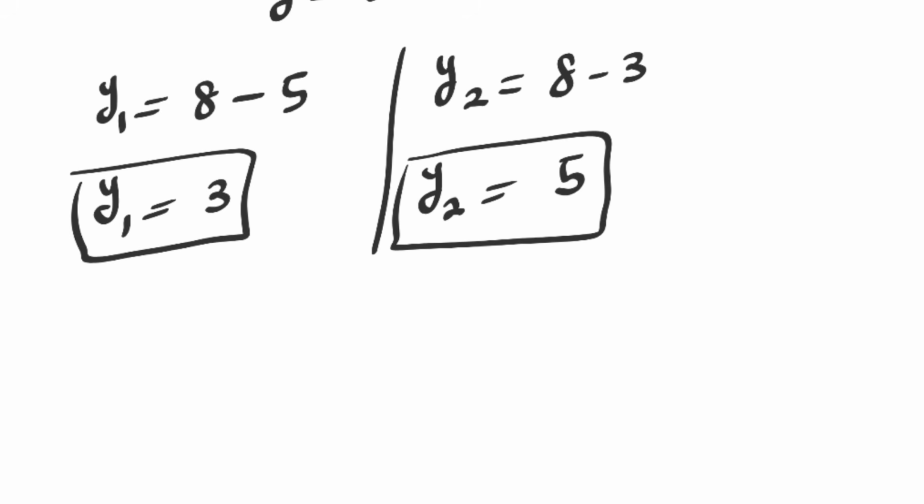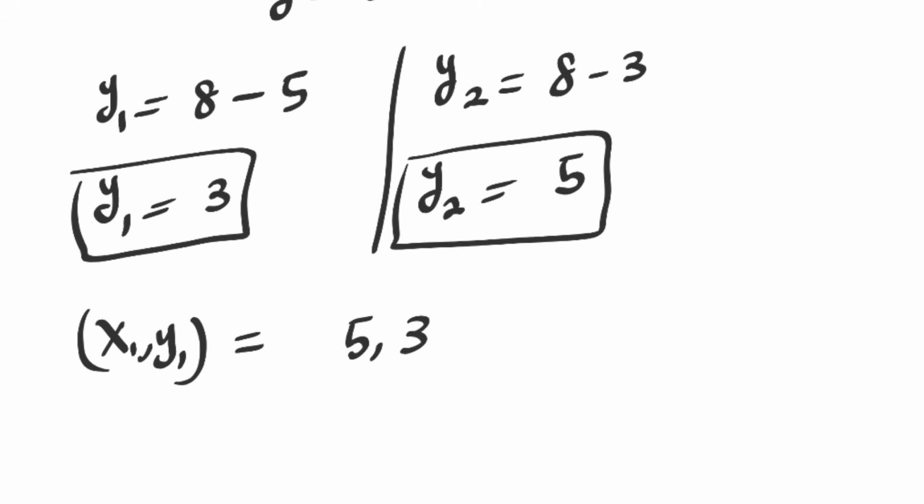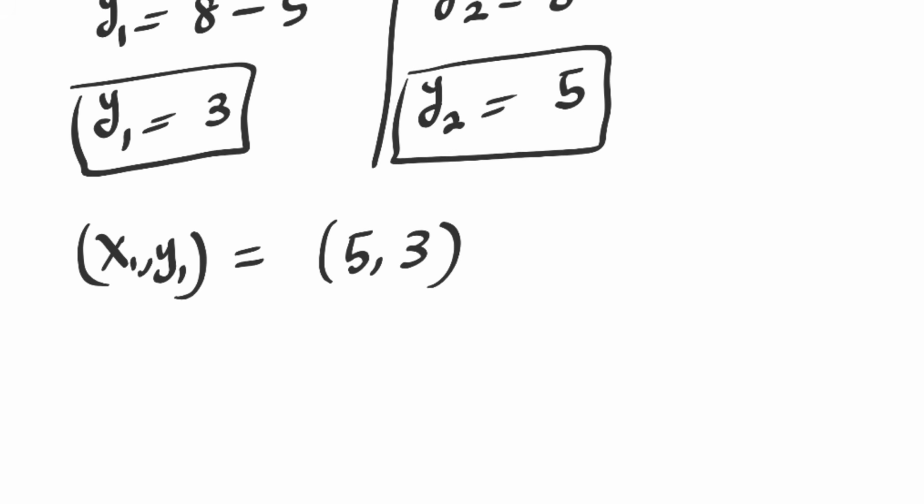Therefore, our final answers are x1, y1 is equal to 5, 3. Then x2, y2 is equal to 3, 5.